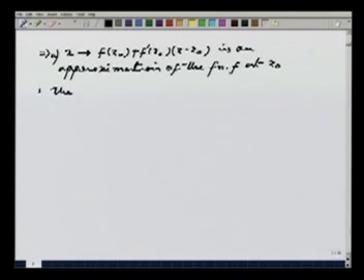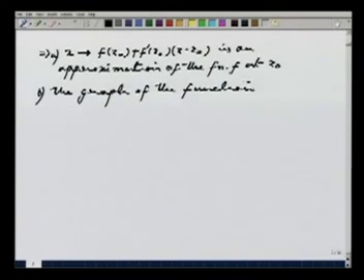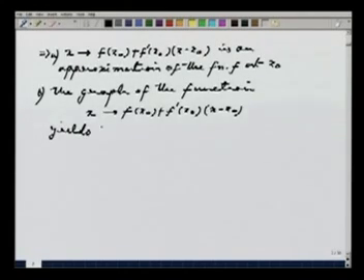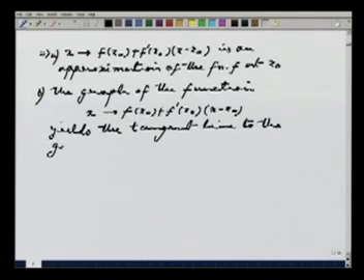So this is one. The second one is that the graph of the function x going to f of x naught plus f prime x naught into x minus x naught yields the tangent line to the graph of f at x naught, f of x naught.